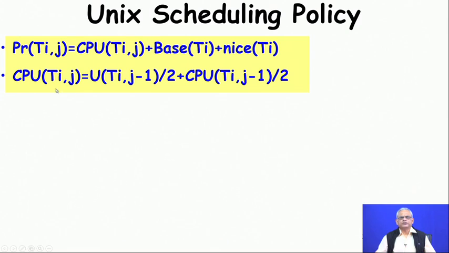The history of CPU uses time is given in the form of a recurrence relation. The CPU uses time at j is half of the utilization in j minus 1. So, 50% weightage goes to how much CPU utilization occurred in the previous time slice, and the other half is the history of CPU uses previous to the j minus 1 instant.